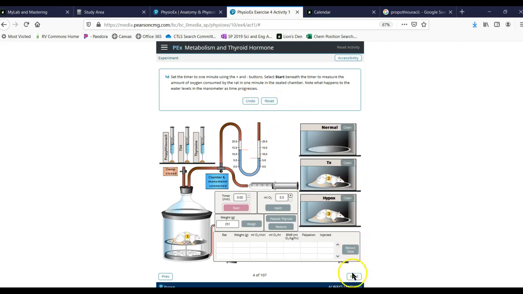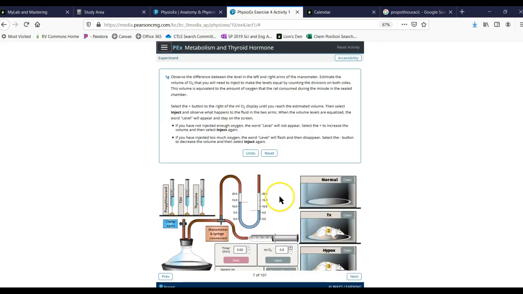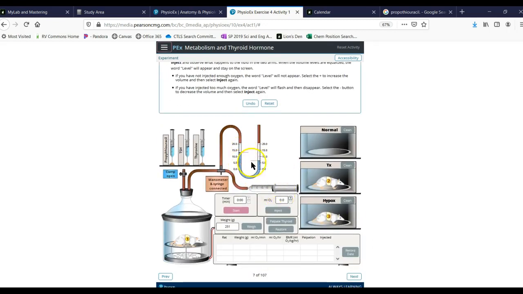But let's see, so we did that. We hit next. Then this T-connector thing, we open that, we hit next, then clamp on the left side of the tube, that's this one again, so that the rat can breathe. We hit next. Then we have to eyeball the difference between, what is this, like 14 and 18 or something like that.